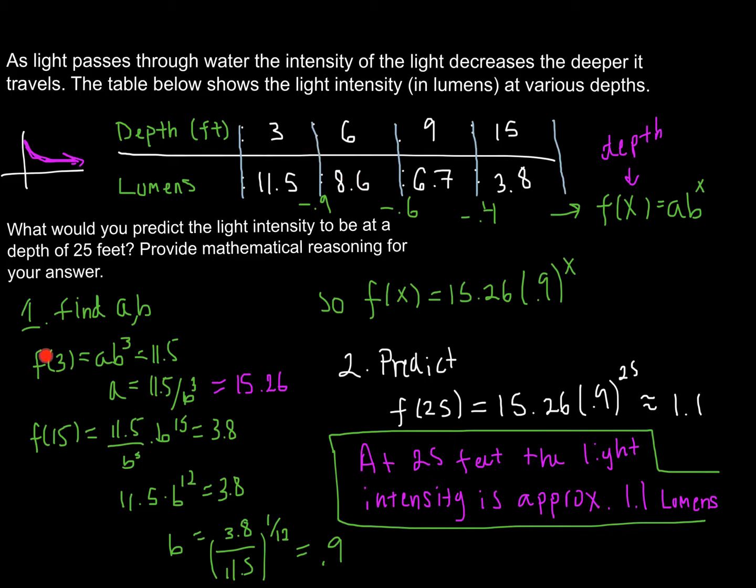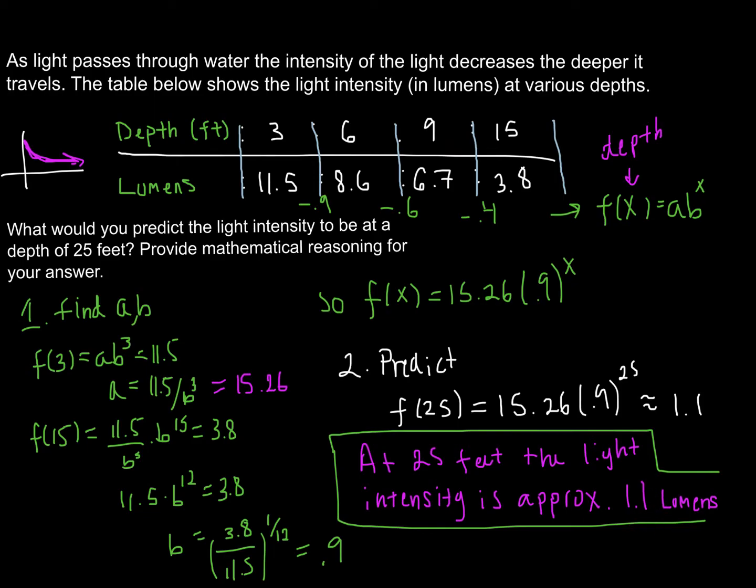Notice that I chose the first point and the last point, thinking that if I make sure it goes through the last point, it's going to be more accurate. But I encourage you to do the ones that make sense to you, maybe even try to see what it would be if you chose different points and see how that would change your answer.